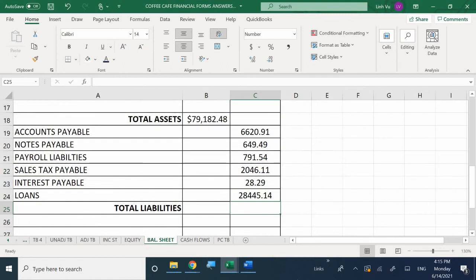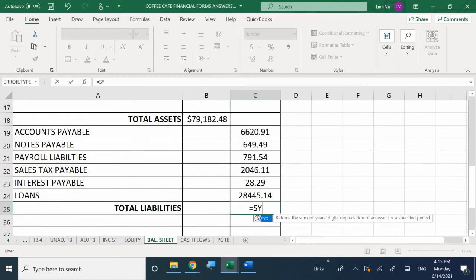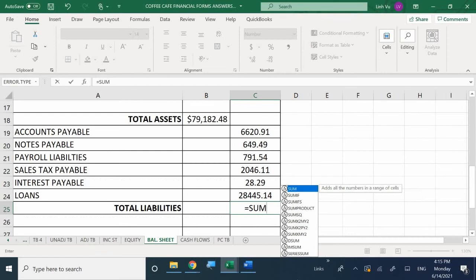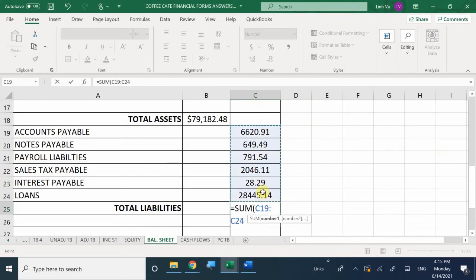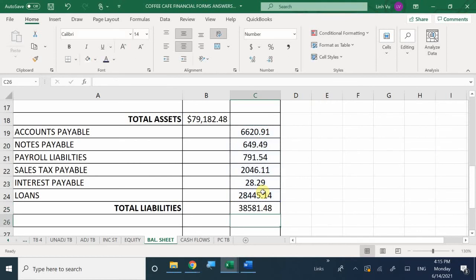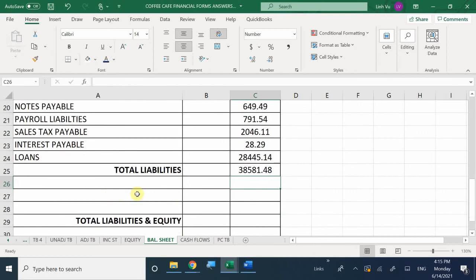Okay. So what's your total liabilities here? 38,581.48. Yep. All right.